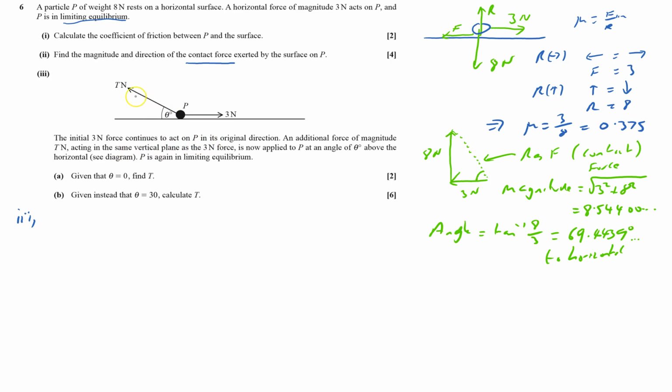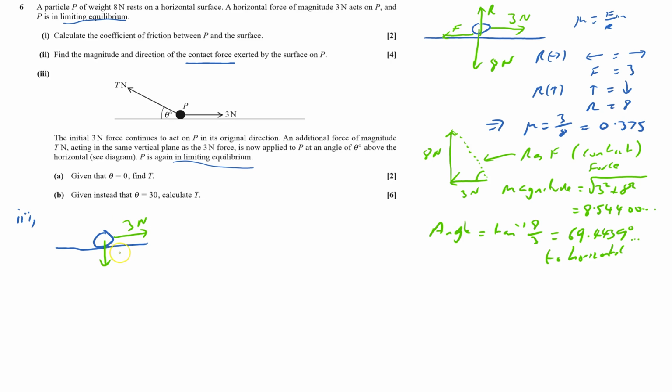It's part 3. Okay, so we've got a force going up at angle theta here, and it's still in limiting equilibrium. So start off with theta equals 0, and draw a picture of that, let's get it touching the surface this time. The force on here is still my 3 newtons.